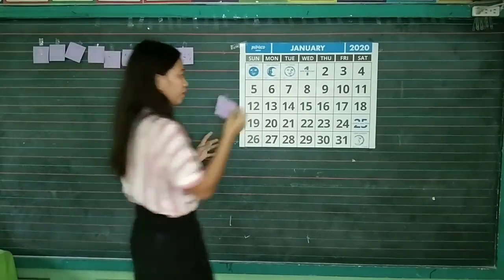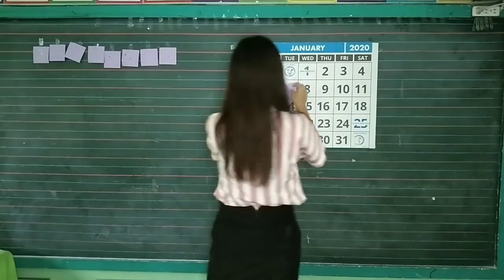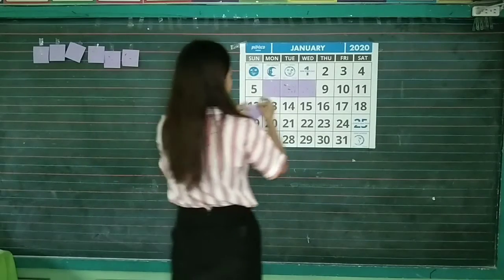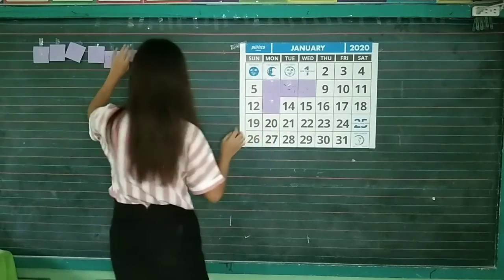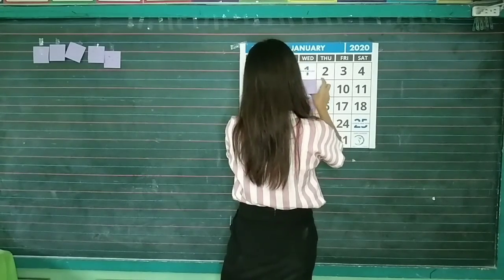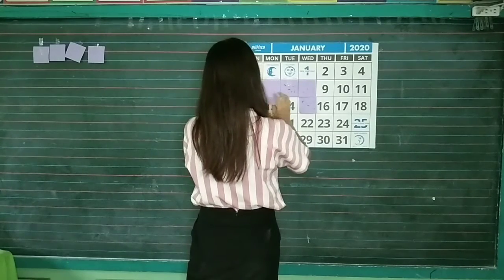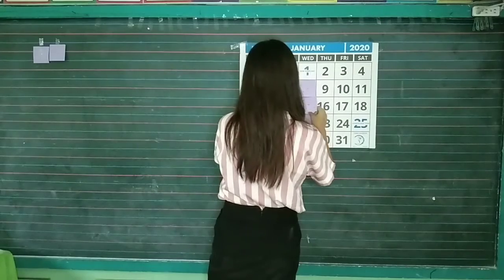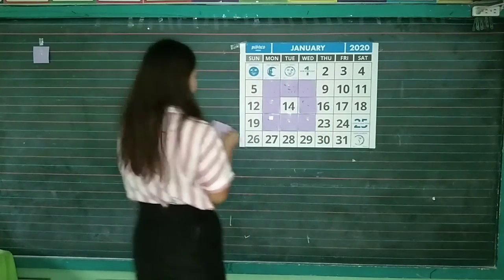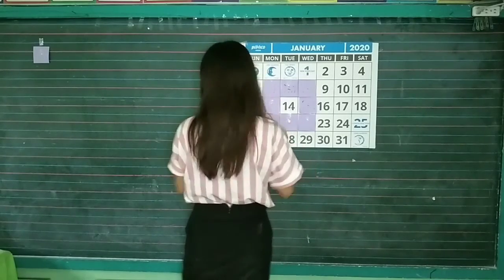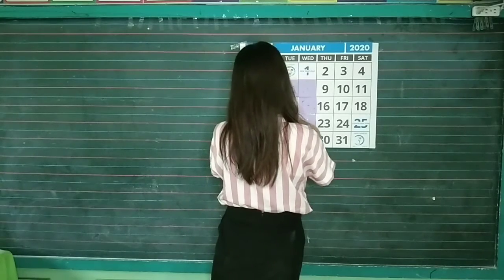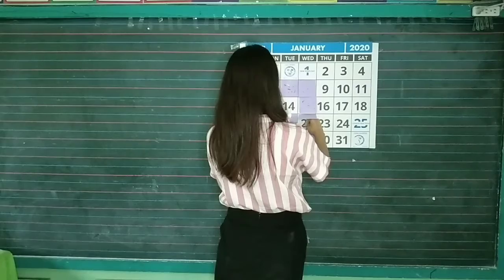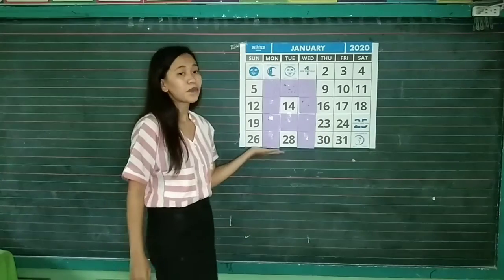So, let's draw an A shape here in the calendar using these blocks. There we have the A shape.